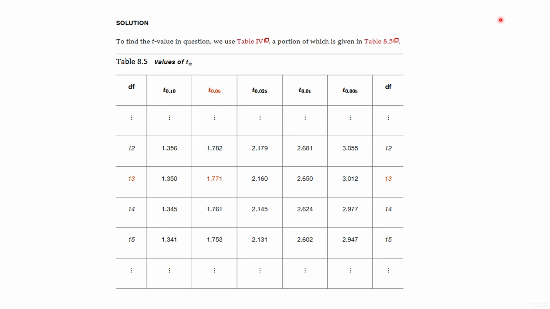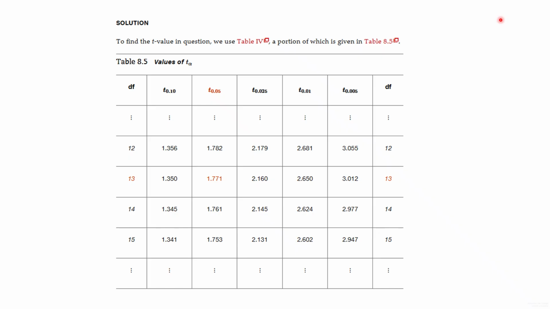Also, as noted before, t-curves will look increasingly like the standard normal curve as the number of degrees of freedom gets larger. When you get higher than, say, 2000 on your DF, then they're basically the same thing. So that's why the table stops early.